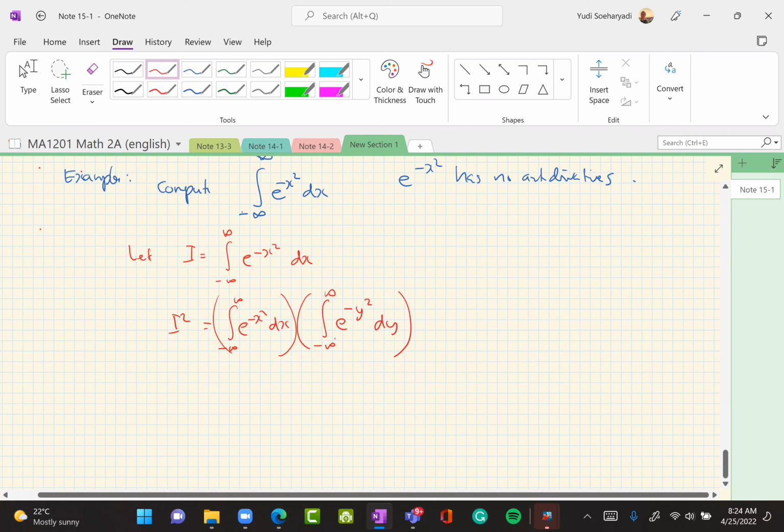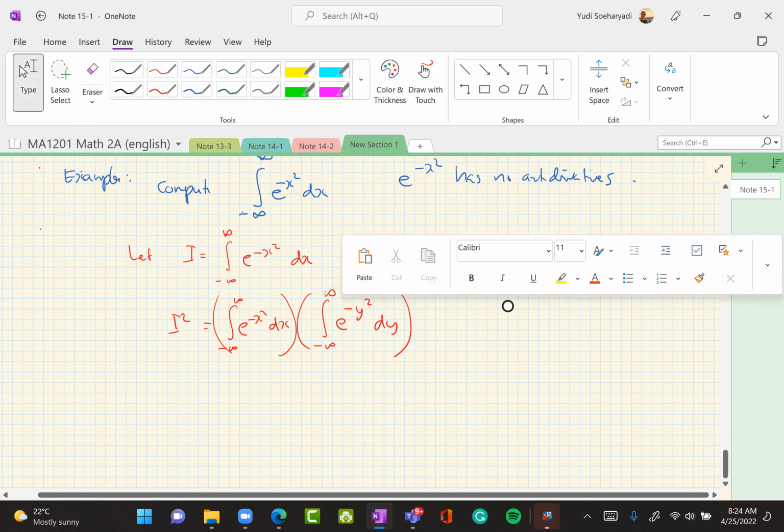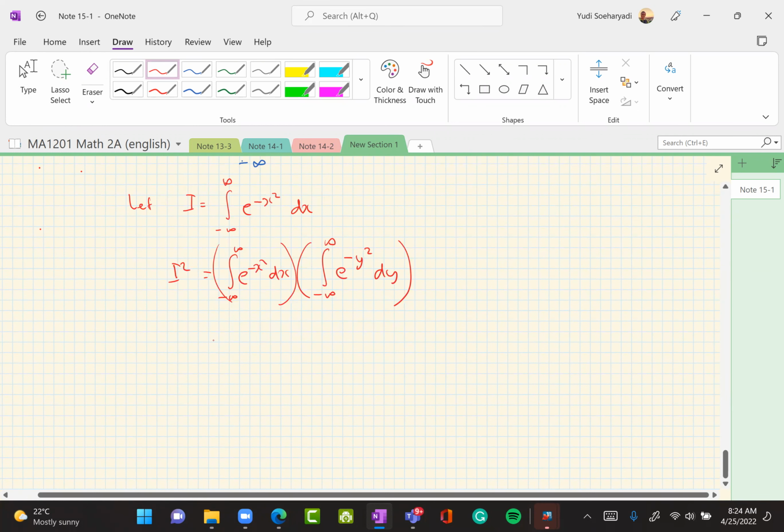So whether you're using x or y makes no difference. However, if you put them together, if you use a different letter, then you get e to the negative x squared times e to the negative y squared.